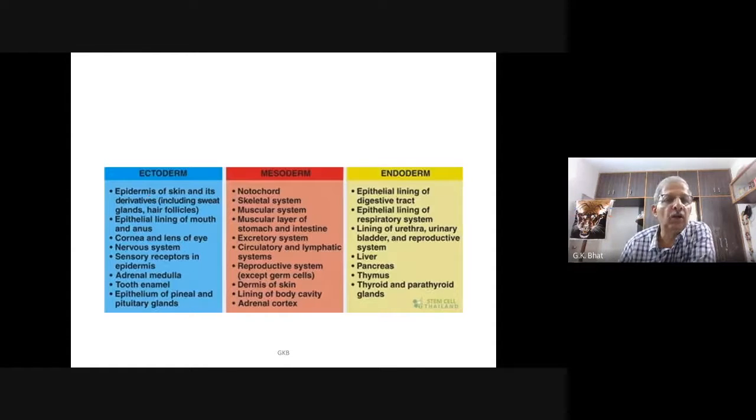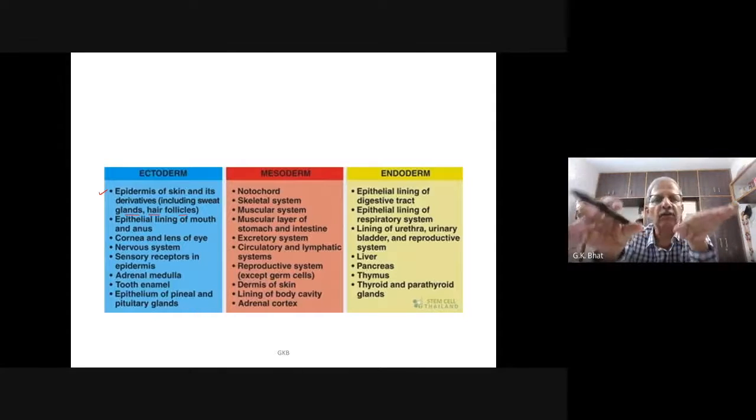Epidermis of the skin, the outermost, epidermis of the skin and its derivatives. That means sweat glands, hair follicles, etc. You have profuse hair on the outside. All these are ectodermal derivatives.